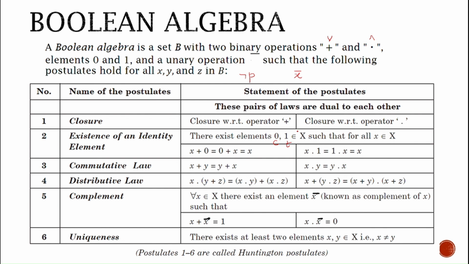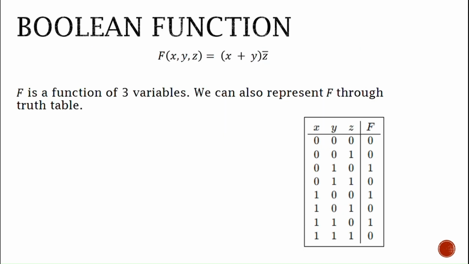And 1 or tautology is the unit element of the dot. Similarly, there are certain other properties like the commutative law, distributive law, etc. So this set together with these operations and these properties is called Boolean algebra.